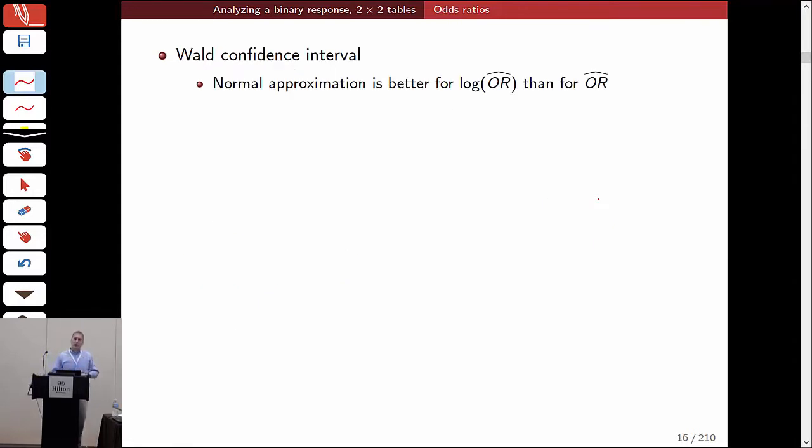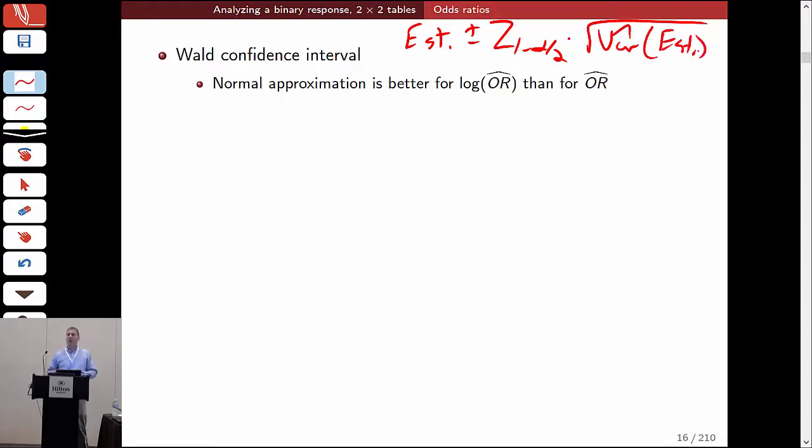In terms of then doing inference, we can apply the basic maximum likelihood estimator results, and we can use a Wald confidence interval. And the basic form of a Wald confidence interval is simply you take your estimator plus or minus a value from your standard normal distribution times the square root of the estimated variance of your estimator.